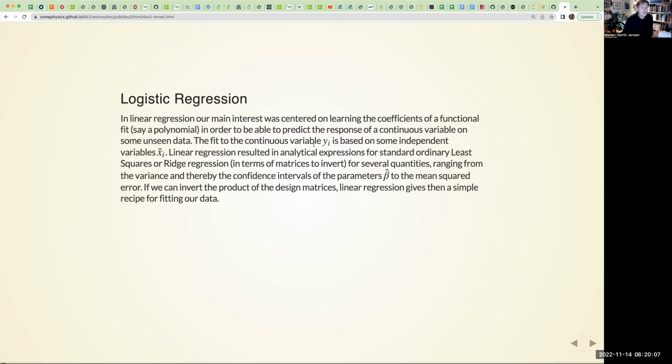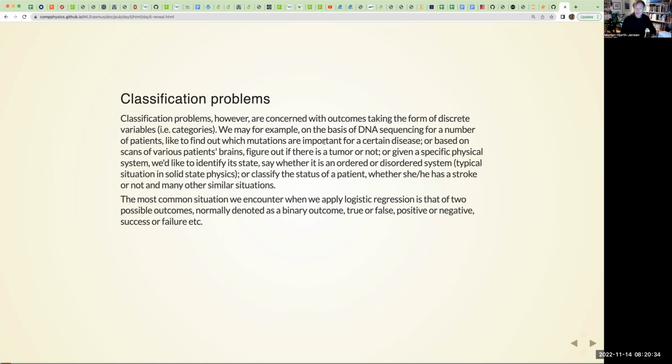But when we are dealing with classification problems, and the simplest one is this true-false problem, or what we normally call a binary problem, where we can translate true and false, yes and no to numbers like 0 and 1, -1 or +1, in that case we have a discrete output, and we want to find an algorithm which describes this data. And that led to logistic regression and classification problems.